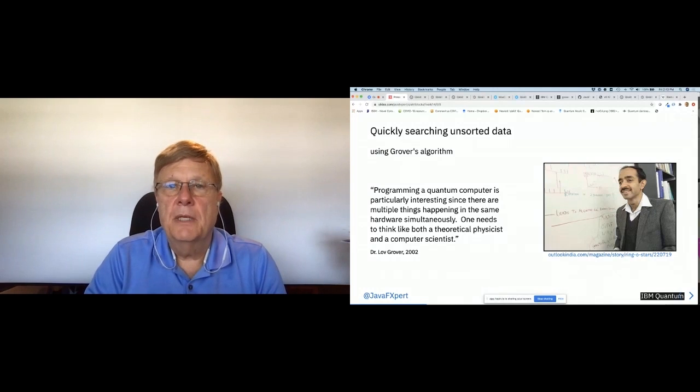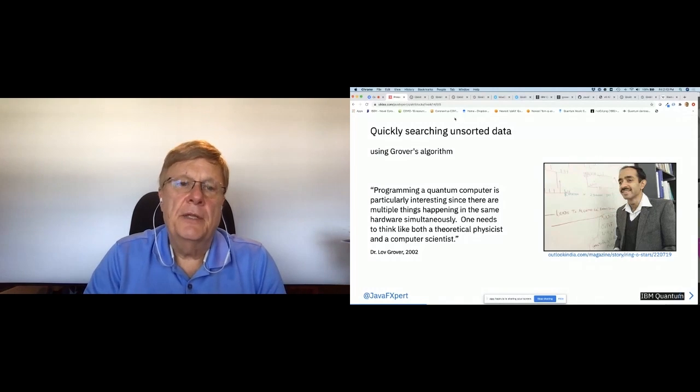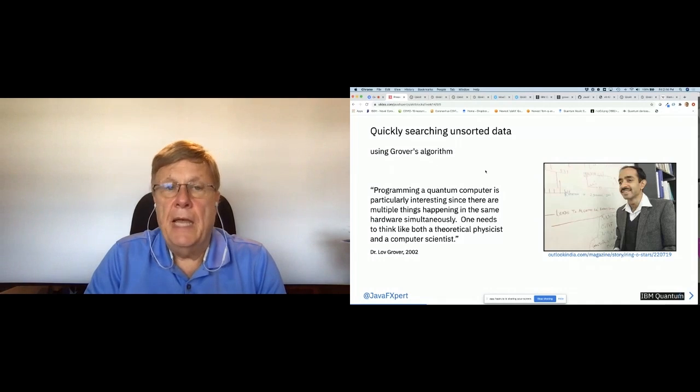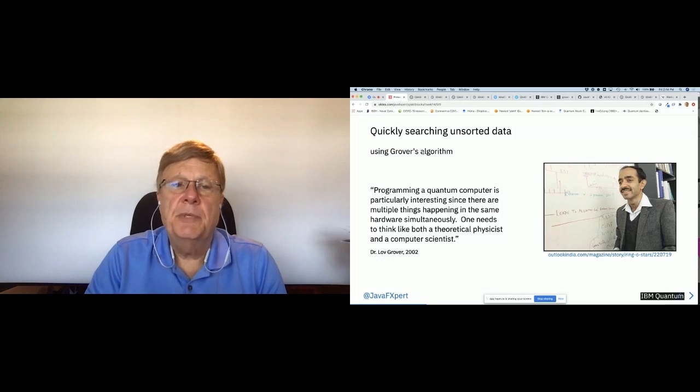But with Grover's algorithm, instead of querying the database 1 million times, you could query it 1,000 times. The reason is that Grover's algorithm has a quadratic speed up, so you only have to query the underlying search space the square root of the number of records in there.